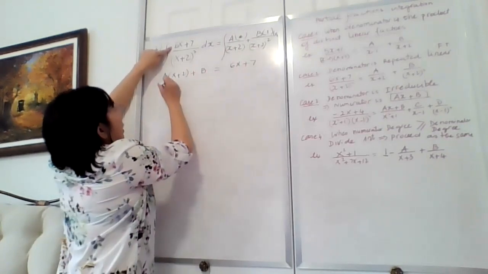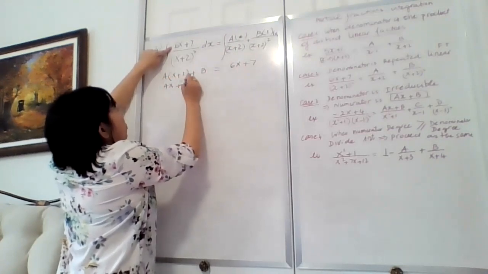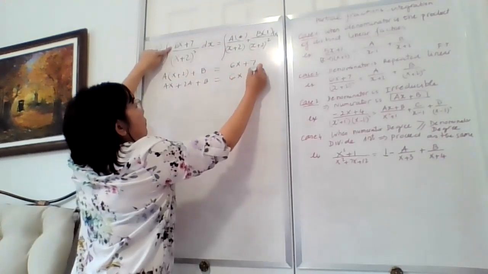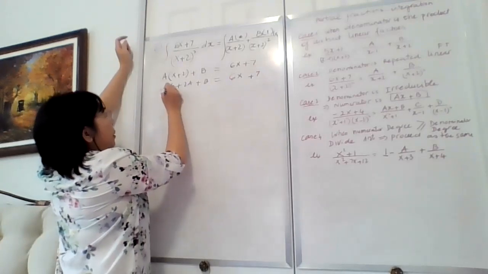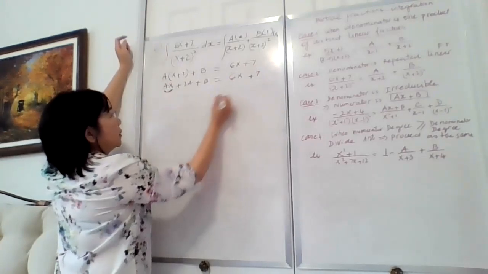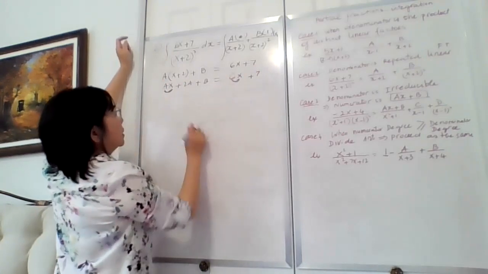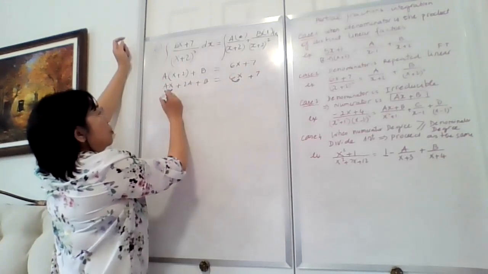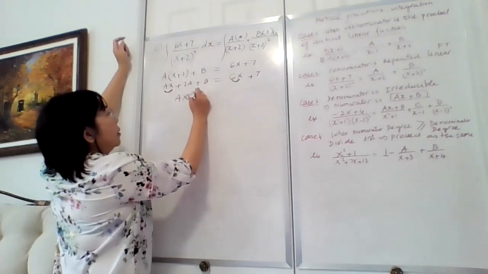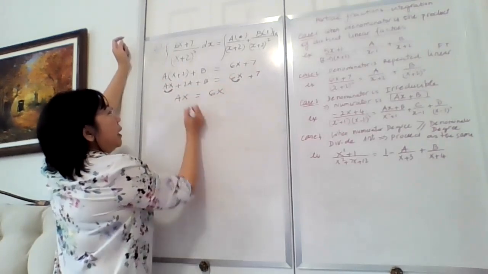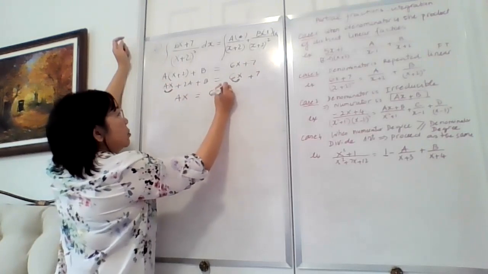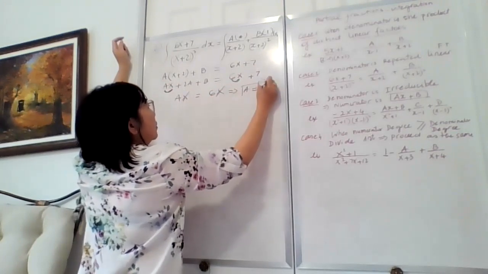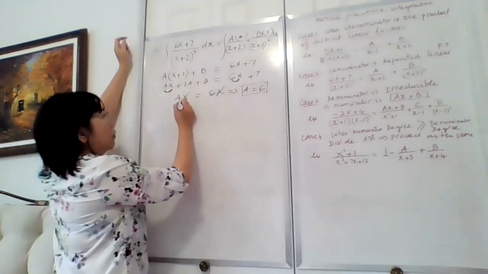So now I'm going to distribute. I have ax plus 2a plus b equals 6x plus 7. Now I only have one x term here, ax, which matches the 6x, because 2a plus b is just a constant term with no x involved. So I can pair ax equals 6x, and cancel the x, so a equals 6. Now I know my a, so I'm going to solve for b.